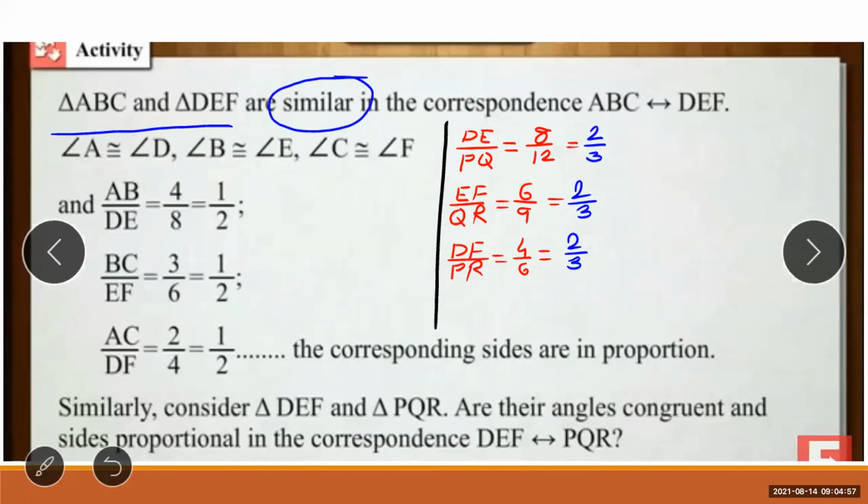Okay, so if triangles or any geometric figures are similar to each other, we can get that the vertices A, B, C of triangle ABC and the vertices D, E, F of the other triangle DEF are in correspondence.